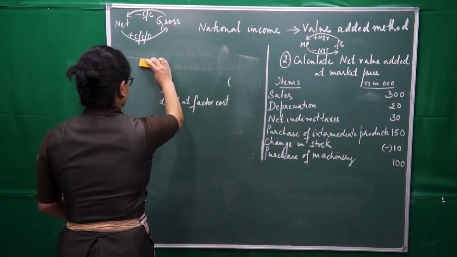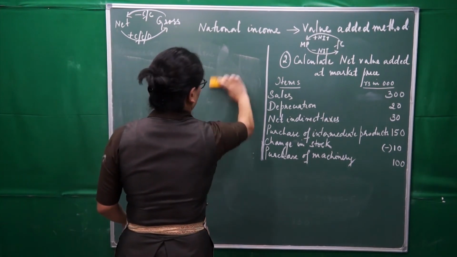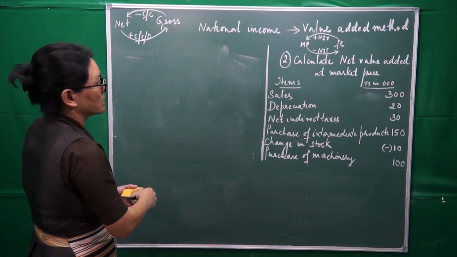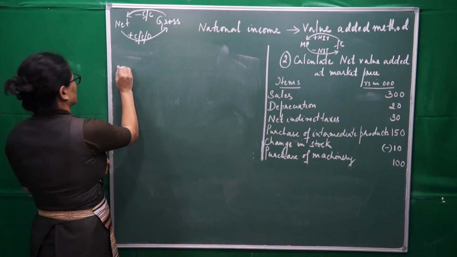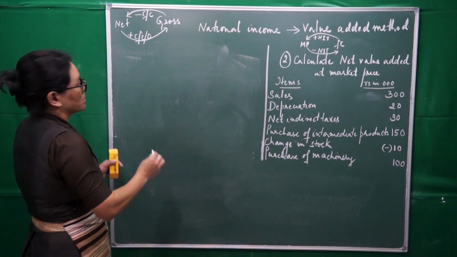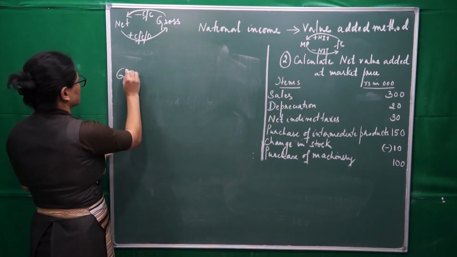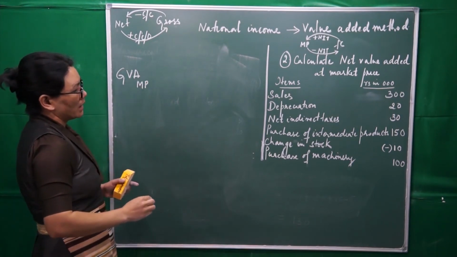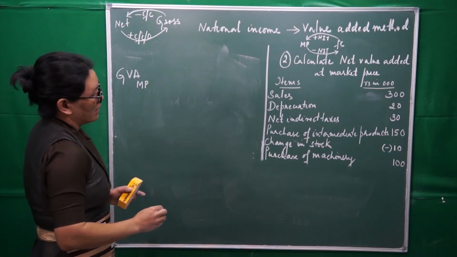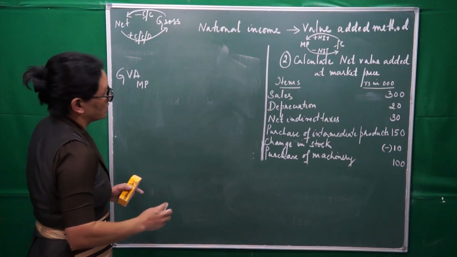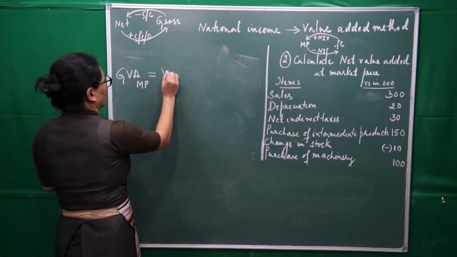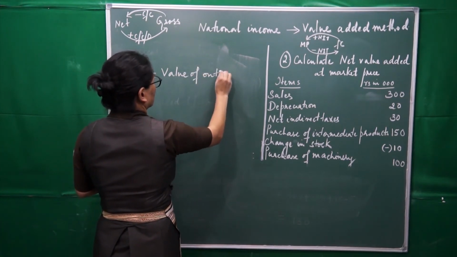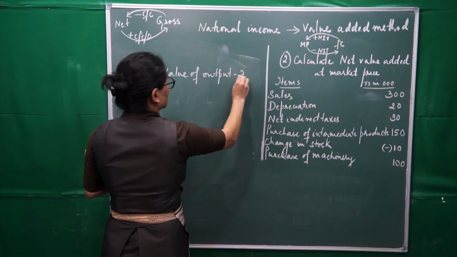So in the second question, what is given? What do we have to find out? We have to find out net value added at market price, right? So we'll go straight to gross value added at market price. The formula is value of output minus intermediate consumption.